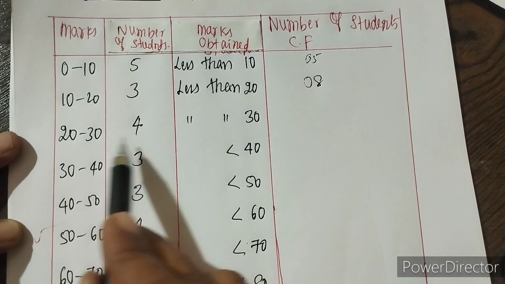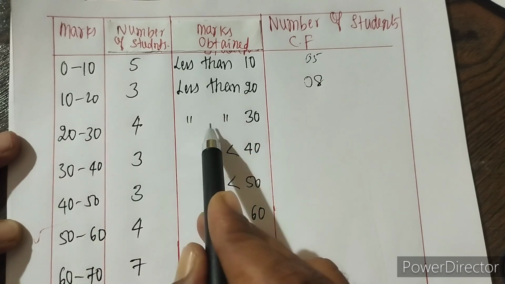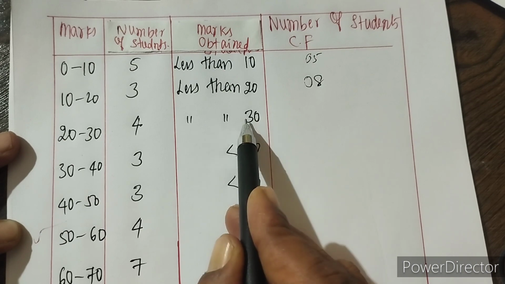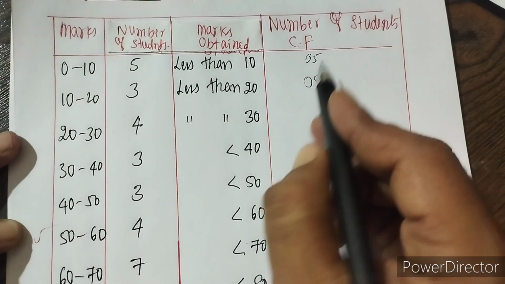In the same way, in the third row, how many students got marks less than 30? That is 4 plus 8, equal to 12.